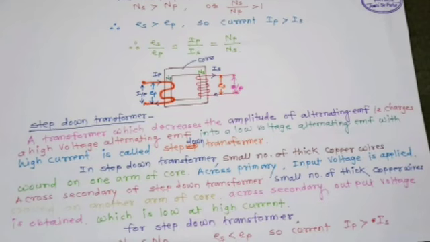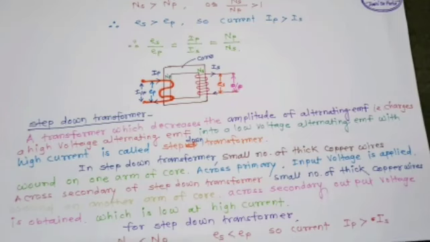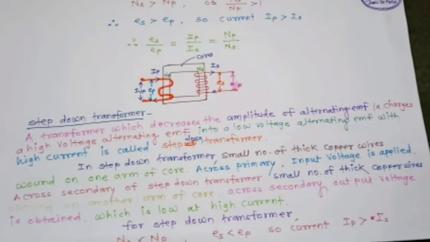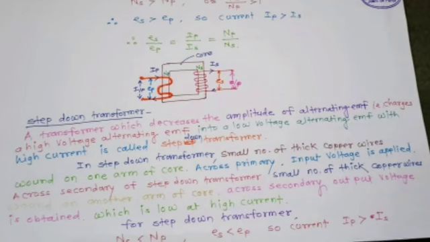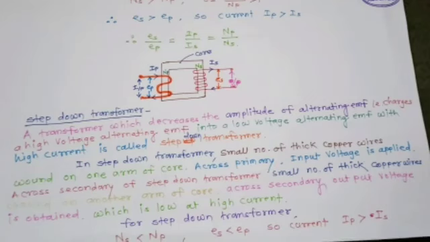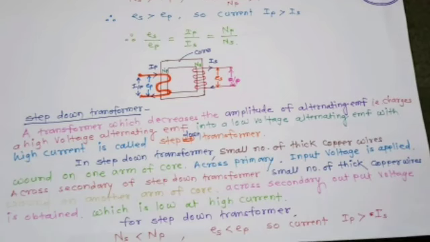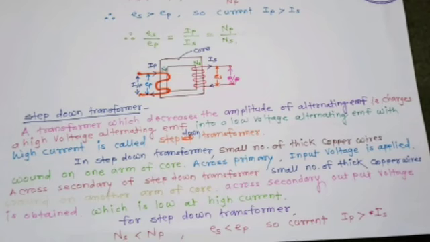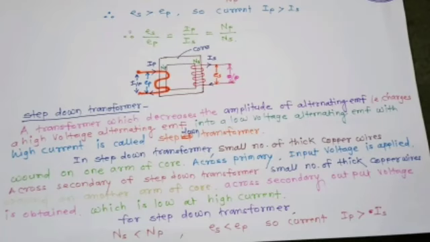Now the step down transformer: a transformer which decreases the amplitude of alternating EMF, that is, changes high alternating EMF into low voltage alternating EMF with high current, is called a step down transformer. In step down transformer, a large number of copper wire turns are wound on one arm of the core, said to be primary.